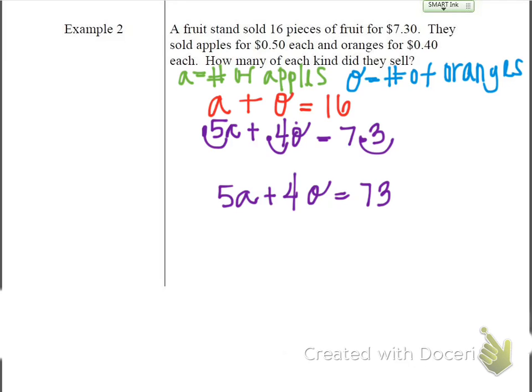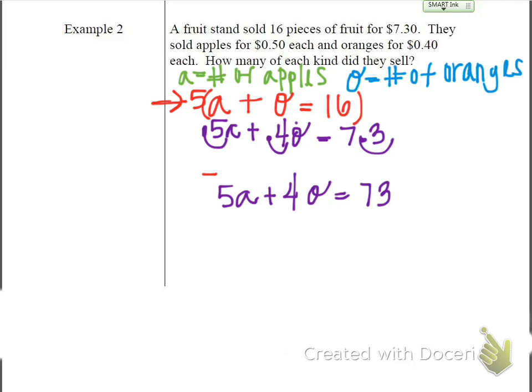Now, looking at the red equation and my new purple one, which variable do we want to eliminate? A's? It really doesn't matter. Let's do the A's. So if I'm eliminating the A's, that means I'm going to multiply by -5.